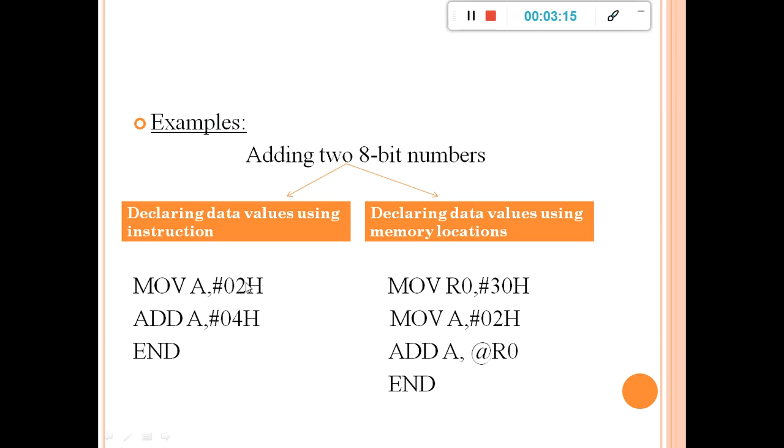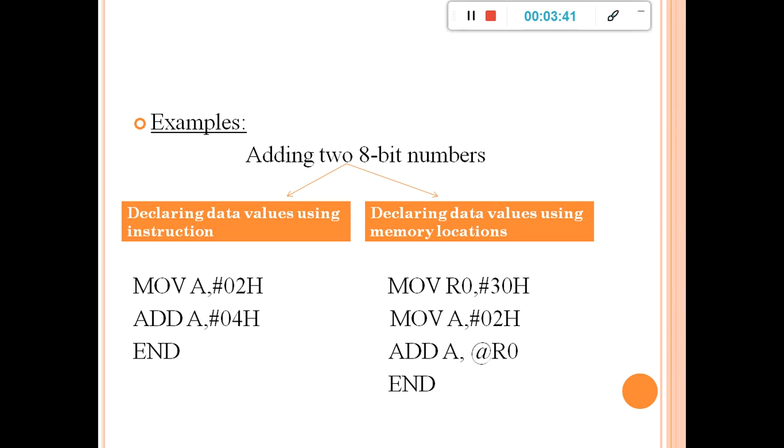In the first instruction you moved some data into the accumulator, and that data is going to be added with one more immediate 8-bit data. After adding 4 plus 2, the value is 6, and that value is going to be stored in the accumulator. The result you are going to see in the accumulator. Okay. This is a simple 2-instruction program where you can add two 8-bit numbers using immediate addressing mode.